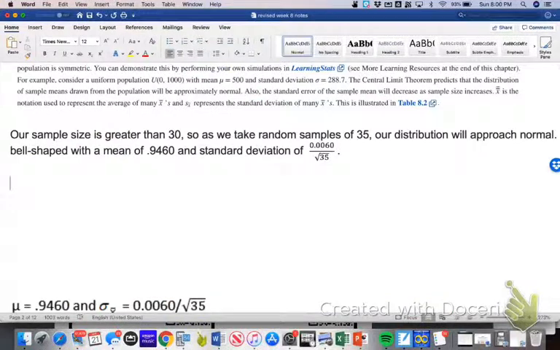Again, this goes straight from the textbook. Because that sample size is greater than 30, because we had 35, we know that our distribution is going to approach normal, which means it'll be bell-shaped with a mean of 0.9460, which is given to me in the problem, and a standard deviation of, these numbers should look familiar to you, right?